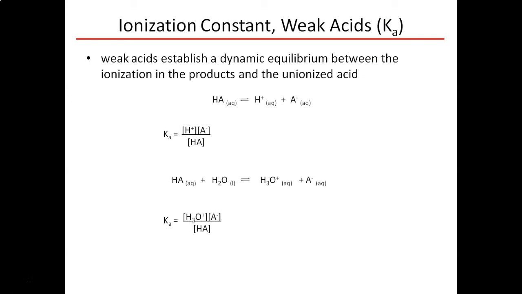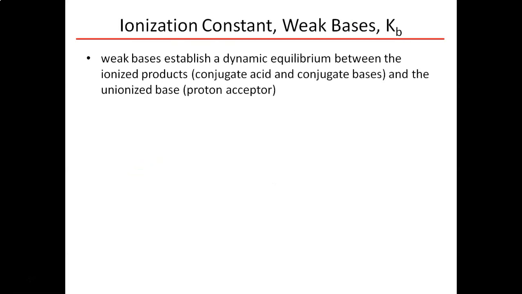We can write our Ka expression, or equilibrium expression, with either a hydronium or a proton ion, because the inclusion of water does not affect the expression. Water is in liquid form, therefore it has a constant concentration and it's not included in the expression.